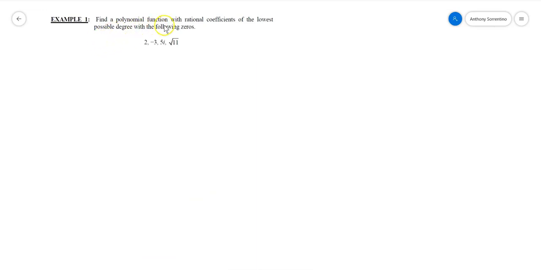We want to find a polynomial function with rational coefficients of the lowest possible degree with the following zeros. Okay, so we know that we have 2 as a 0, -3 as a 0, 5i as a 0, and square root 11 as a 0.